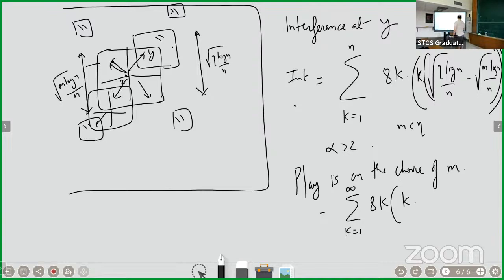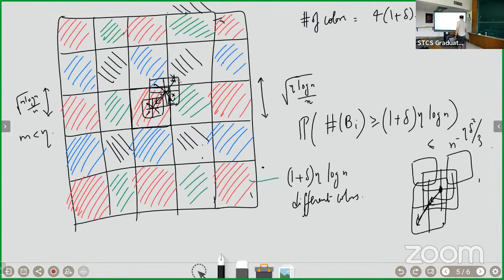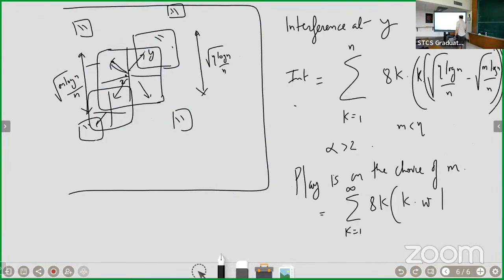Let's use some symbol. Omega. Writing this in a compact form, there exists omega.